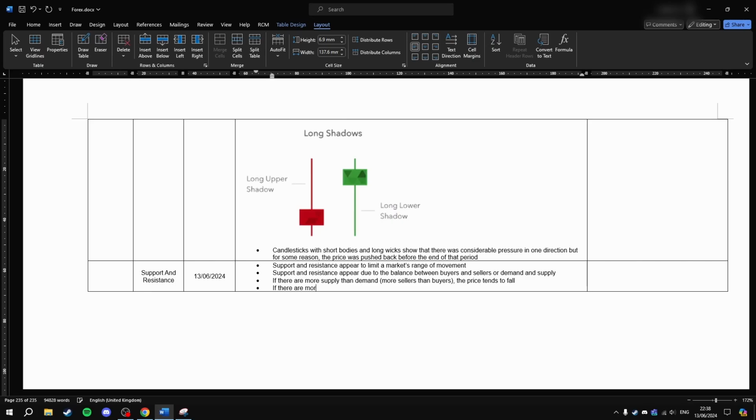If there is more demand than supply, more buyers than sellers, the price tends to rise.